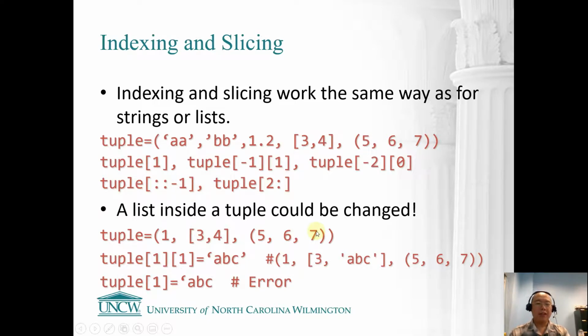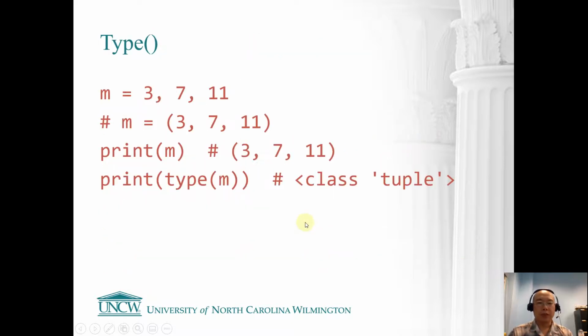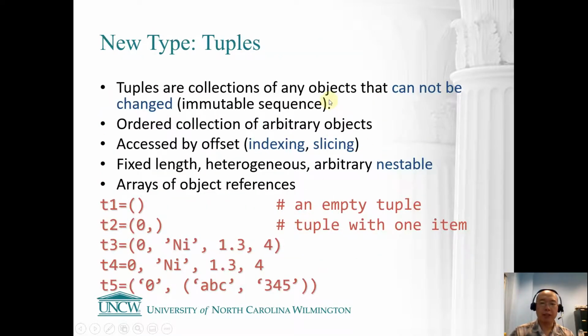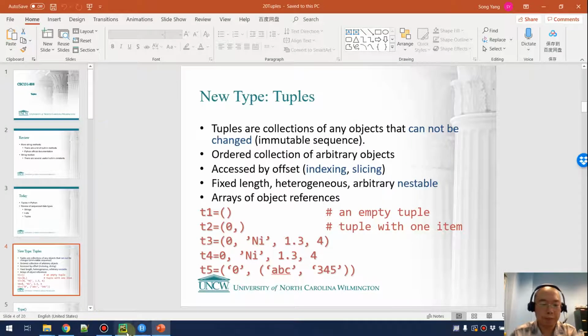Well, another thing I want to remind you is, remember when we were talking about this, we said a tuple is an immutable version of a list, right? So this means for a list, we can change the values in place, but we cannot do that with a tuple. Well, let me show you what I mean.